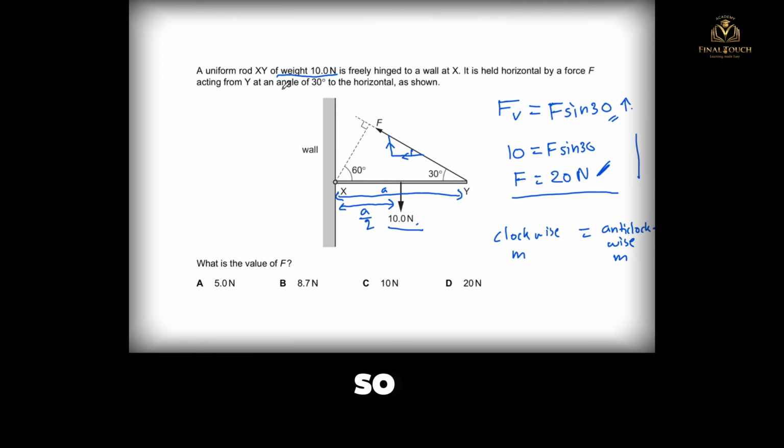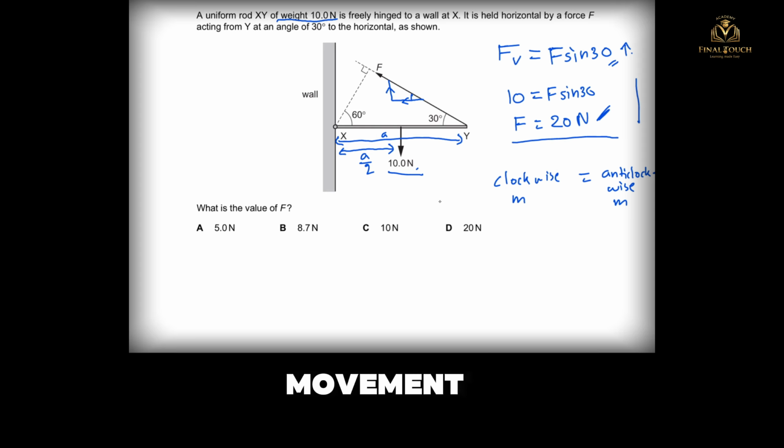Okay. So our clockwise moment would be what? Formula is force into distance from pivot. Our pivot is this, by the way. So what is our force that is clockwise? It is 10 newtons over here. So 10 into distance from pivot, which is A divided by 2.